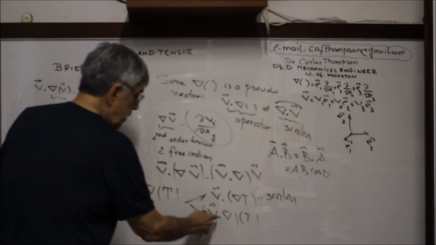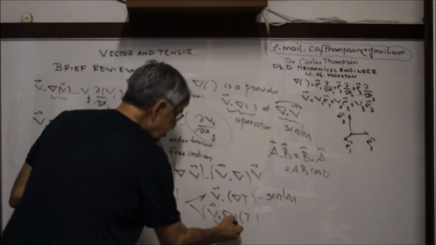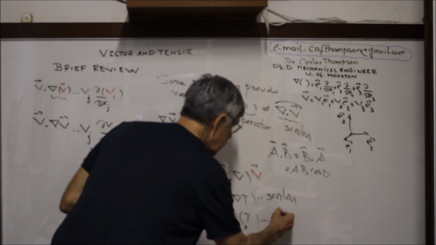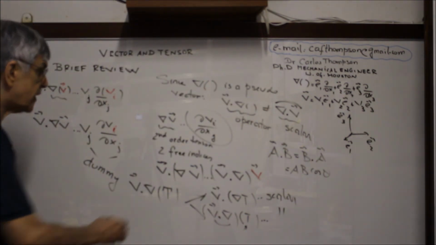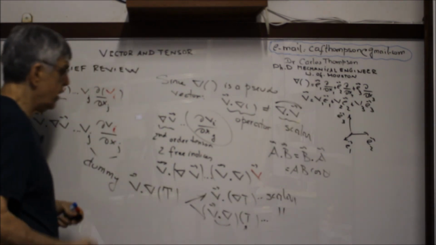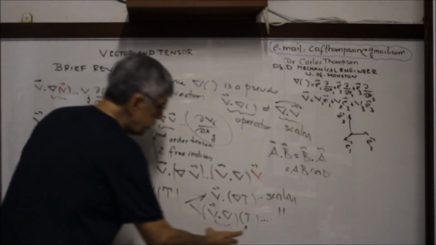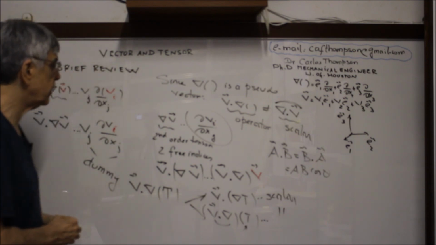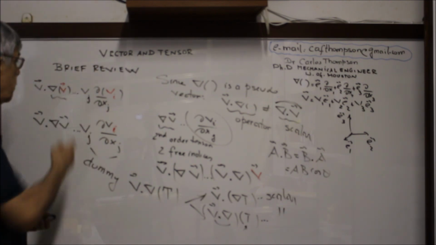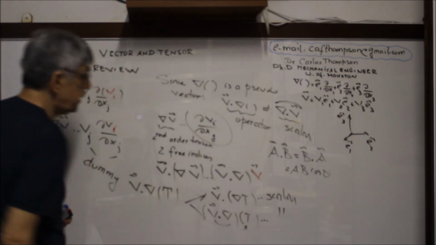Now, v dot nabla applied to a scalar gives a scalar. The same thing. It doesn't matter whether you apply it here or there. It could also be a second order tensor instead of t.